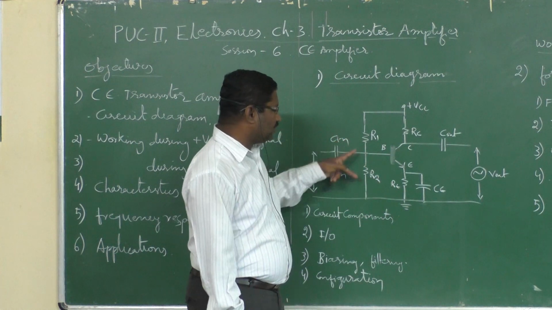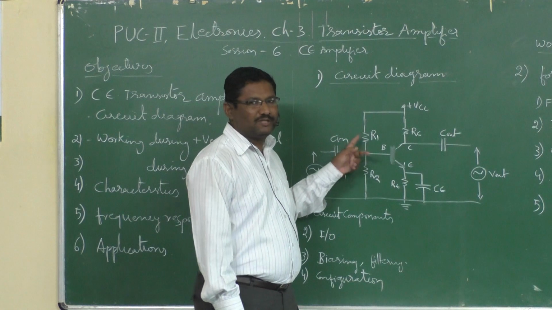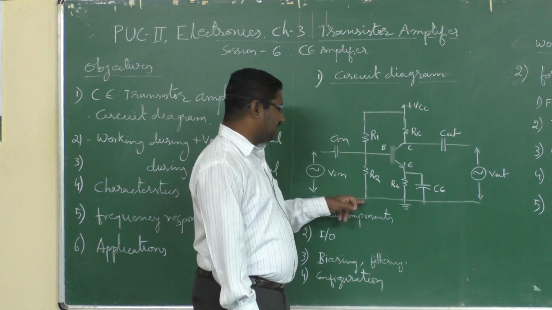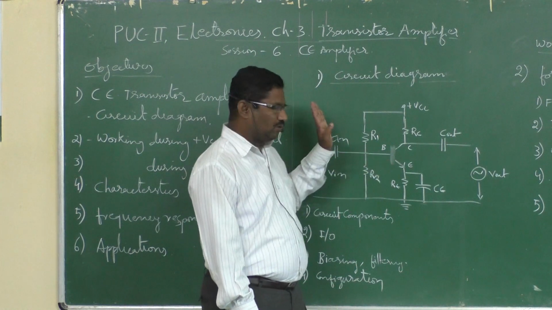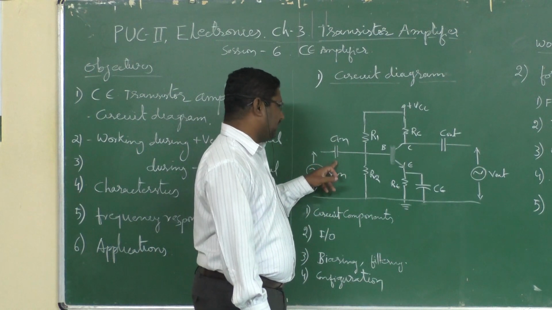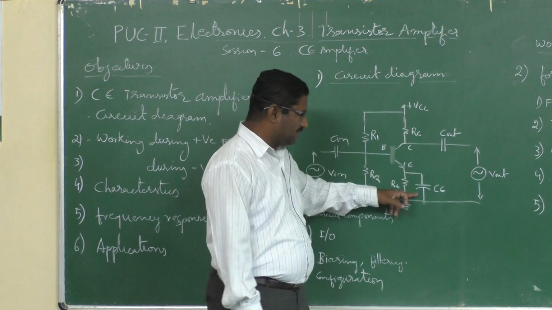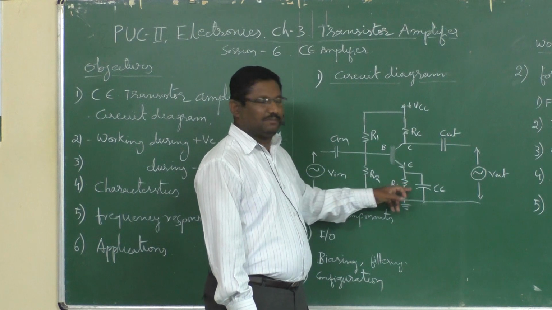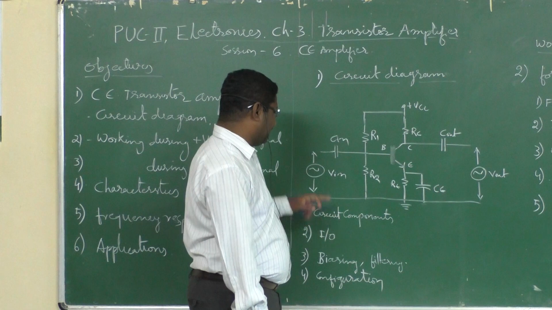Then we have two more resistances, R1 and R2. These are voltage divider resistances, connected to plus VCC and to the ground, and the point in between where the voltage divides is connected to the base. Then we have the capacitors: C in, the input capacitor, C out, the output capacitor, and one more capacitor connected across the emitter, called CE.